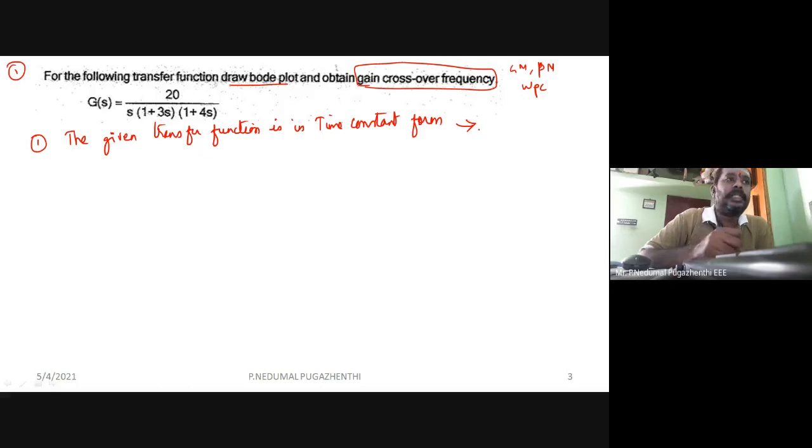Do you say that it is in time constant form? Yes or no, in your chat window at least. Or do you have a confusion in identifying a time constant form? Whether the given transfer function is in time constant or not.